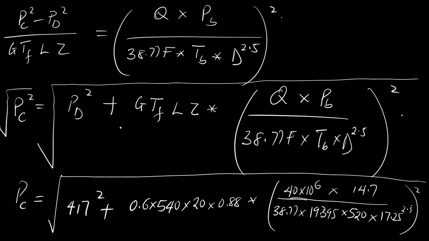Now we take the square root of that value, which is 427. So the pressure PC is 427 psia.